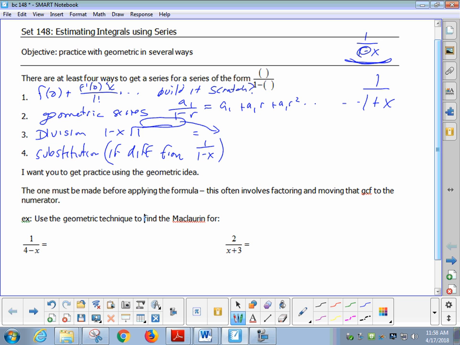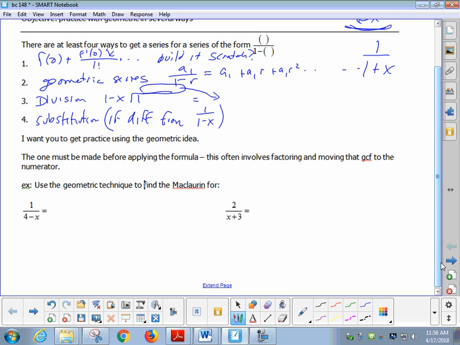Now, the geometric idea is especially done a lot in differential equations, so I need you to be familiar with it, but it's just a great idea. So, if you were to write the series for this using the formula approach, you first of all need to make it something over 1 minus this. In other words, you need to make this 1.